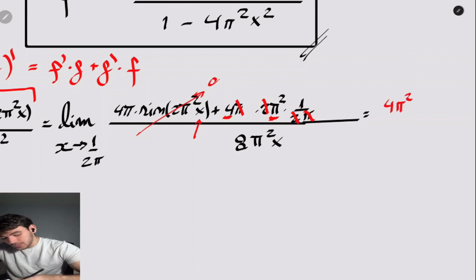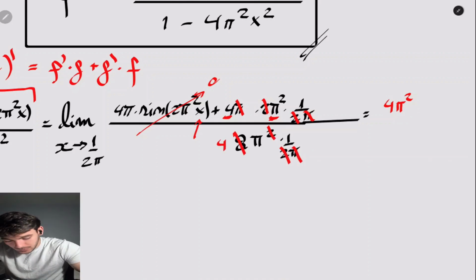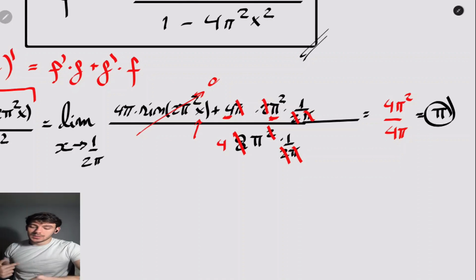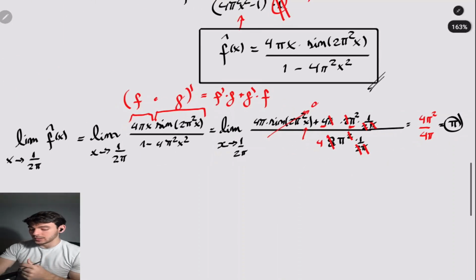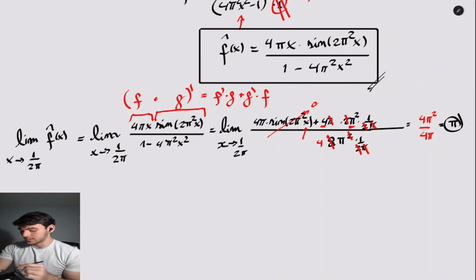And here on the denominator, let's substitute x by 1 divided by 2 pi. So the pi will cut out with this square. The 2 will cut out with this 8, we'll have 4, so 4 pi. And then 4 pi squared divided by 4 pi, that's pi. Okay, so we've calculated the limit of the transformed function when x reaches 1 divided by 2 pi.